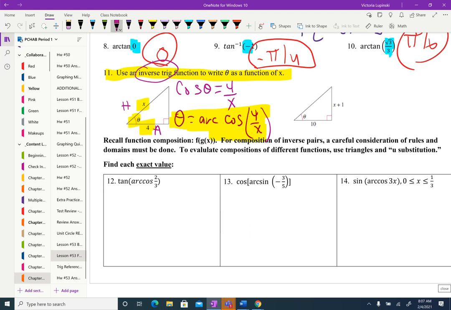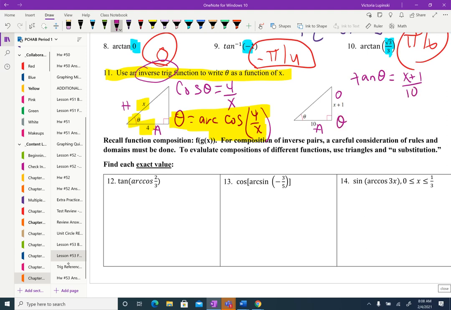How about for the next one? So if this is your theta, this is your adjacent, and this is your opposite. Anybody can tell me which trig function connects an adjacent and an opposite? Tangent. So the tangent of theta is equal to x plus 1 over 10.